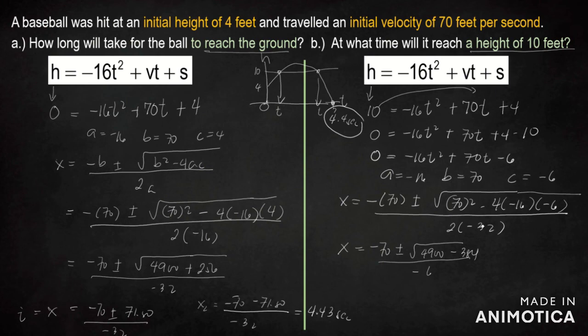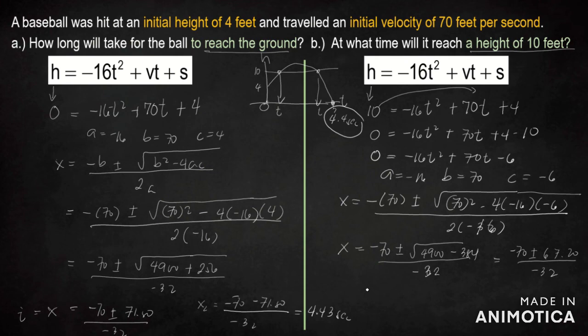This is 2 times a, negative 16, so we have negative 32. Then we have negative 70 plus or minus the exact value for this, which is 67.20, over negative 32.